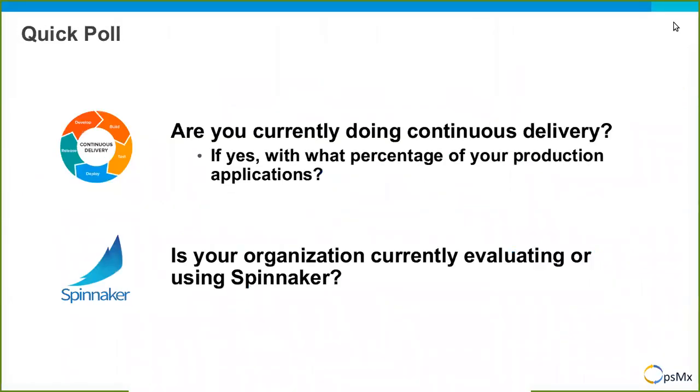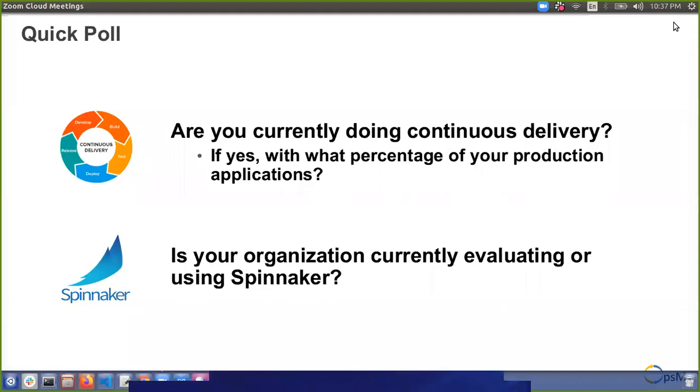Before we start our presentation, I'm going to go ahead and start with a couple poll questions. The first question is, are you currently doing continuous delivery? If yes, what percentage of your production applications are using that? And the second question is, is your organization currently evaluating or using Spinnaker?